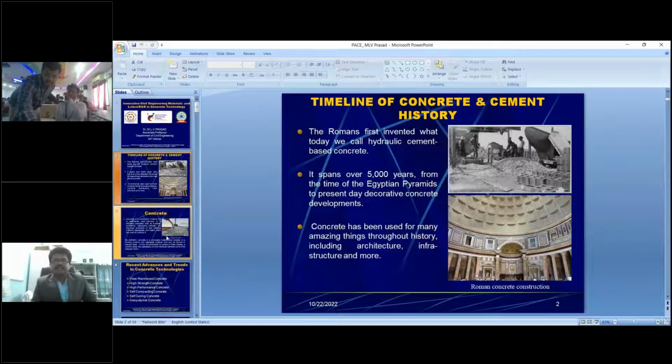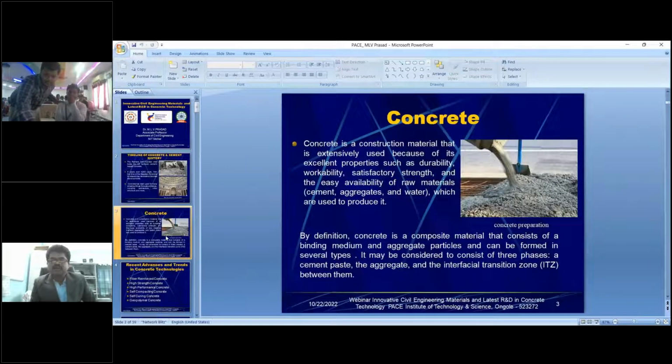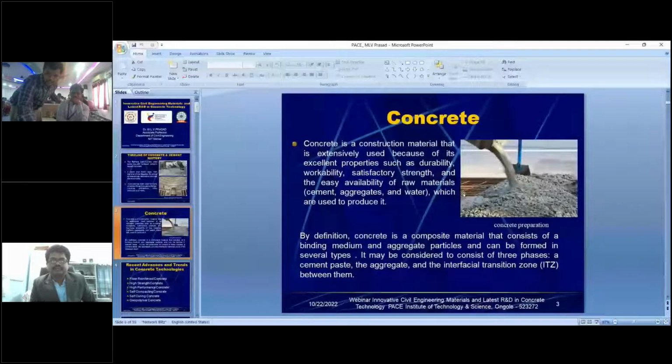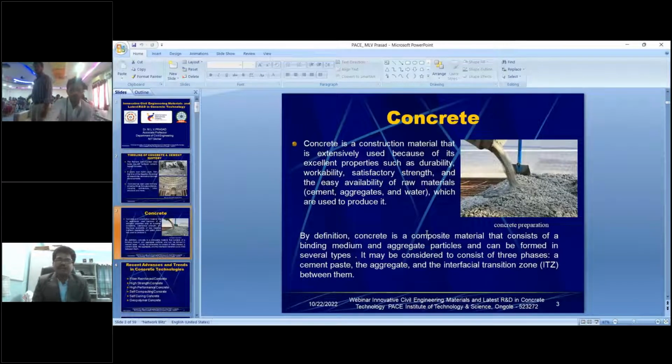So now we will discuss the concrete. Concrete is the combination of steel, cement.